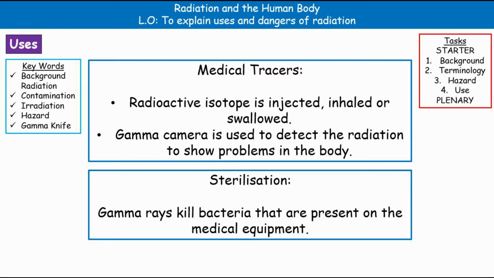So if you'd swallowed one of these medical tracers to look at your digestive system and there was a blockage in your intestine, what we'd see on the screen is the fact that there would be this increased amount of gamma radiation in one region of your intestine and then pretty much nothing after that point. So that means we can identify exactly where the blockage is without having to cut you open first.